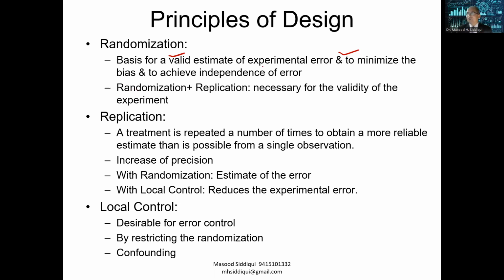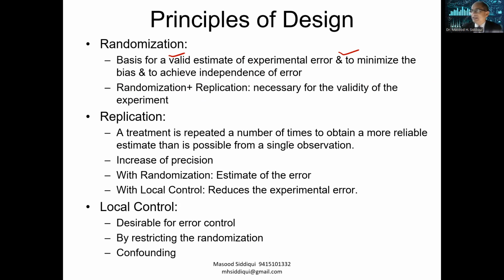As we discussed earlier, randomization along with replication provides the necessary condition for the validity of the experiment. So the concept of full randomization is clear to all of you.